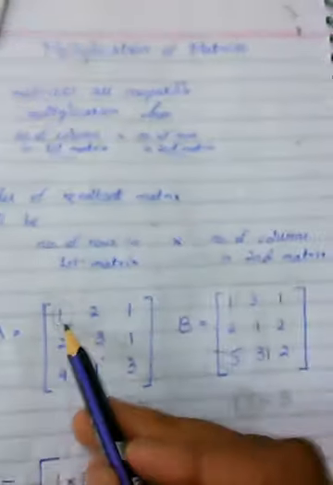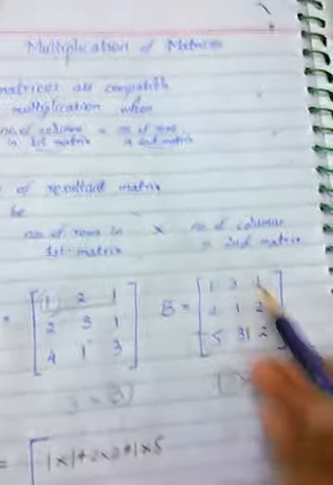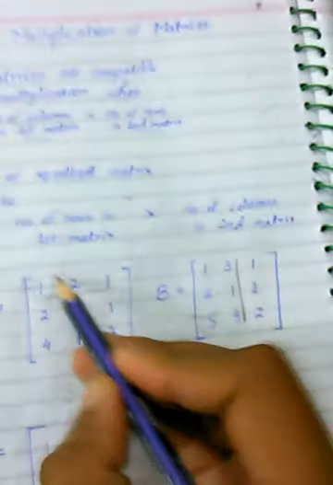Then again, with the second column, the same procedure will be applied. First row will get multiplied by the second column.